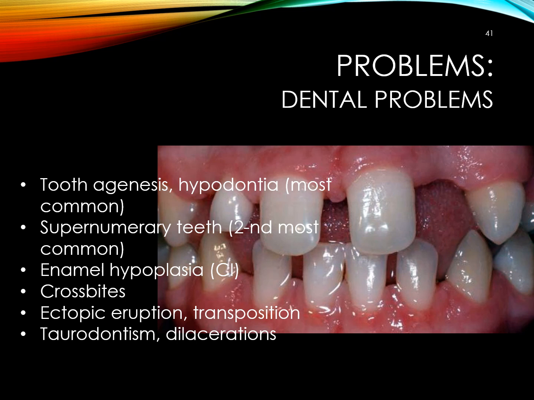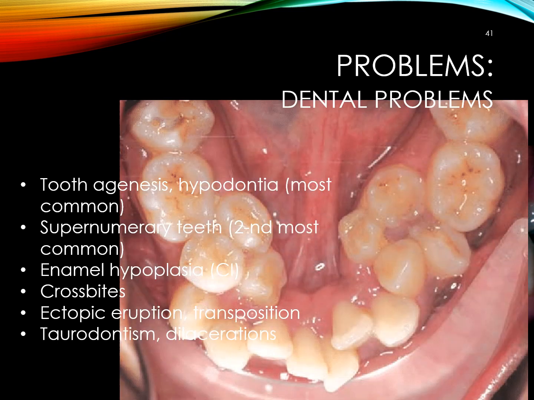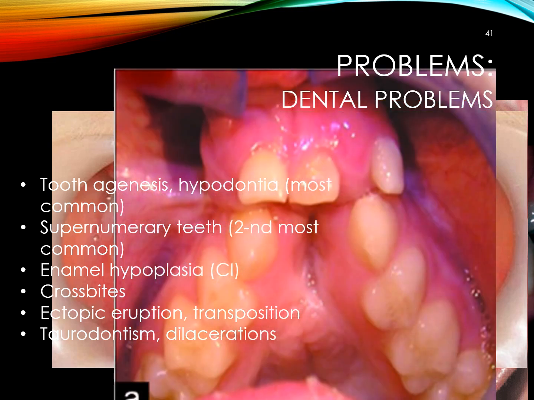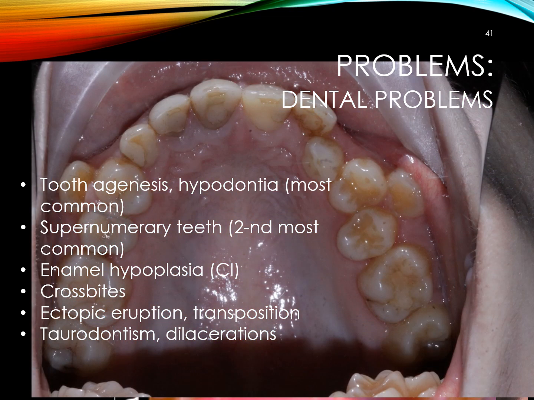Supernumerary teeth, as usual, the second upper incisors or upper lateral incisors are most common. Enamel hypoplasia, cross bites, ectopic eruption, transposition and taurodontism, and dilaceration.